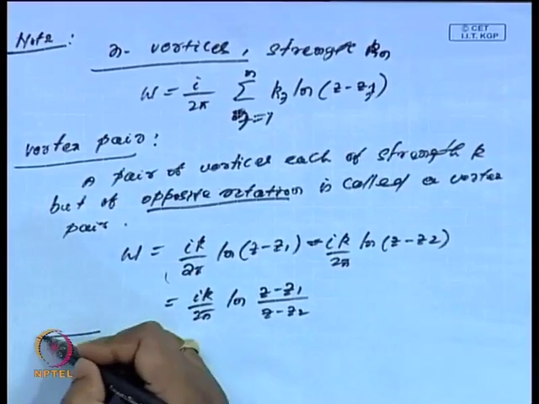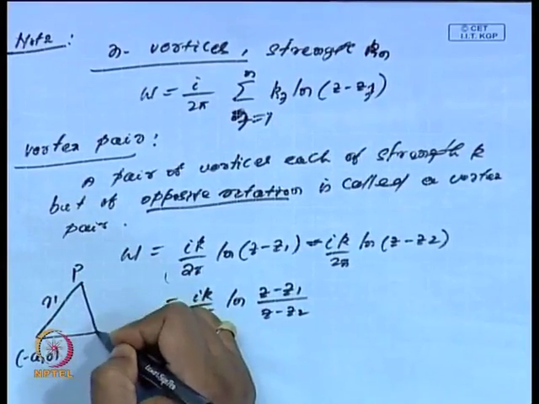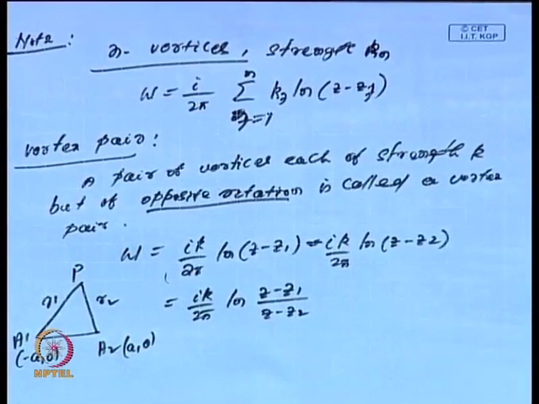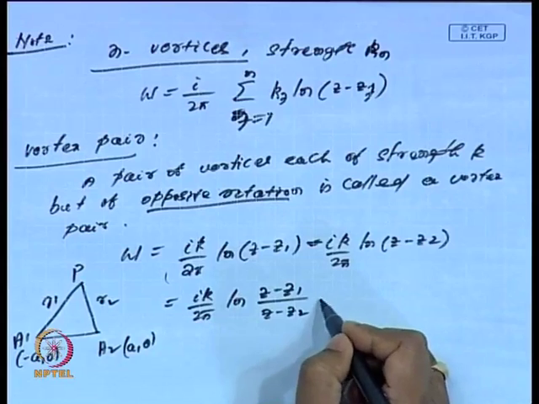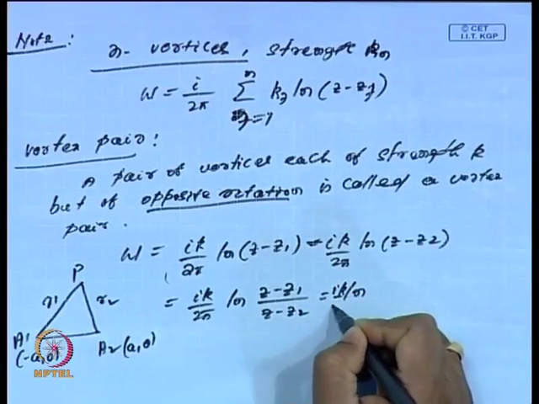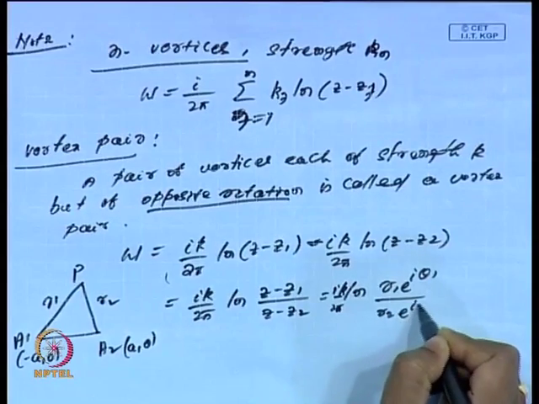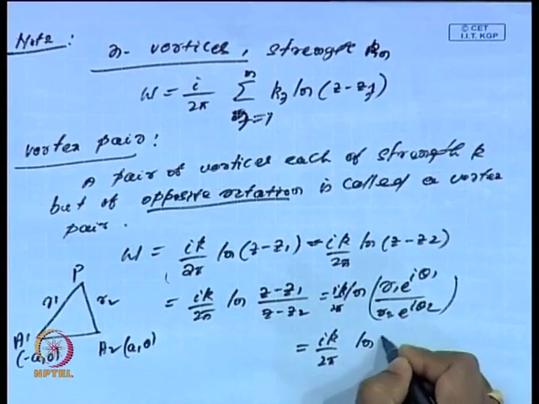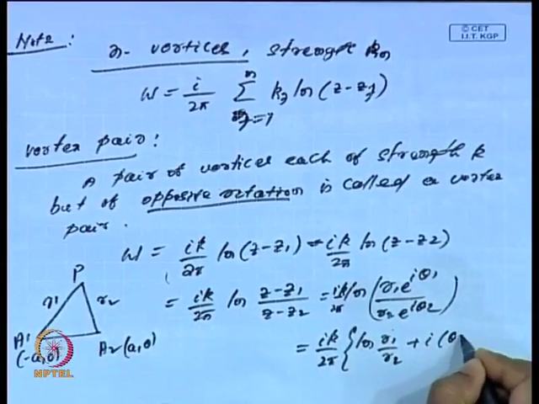Say P is a point and the vortices are at minus a, 0 and a, 0, at distances r1 and r2 from P. If these are r 1 e to the power i theta 1 and r 2 e to the power i theta 2, then this will give me i k by 2 pi log r 1 by r 2 plus i times theta 1 minus theta 2.